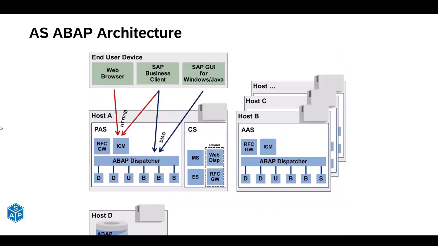What are those? Here in this screen, this is one application server instance, the primary application server. This is another application server instance, which is your additional application server instance. On host C also, I will have an additional application server.